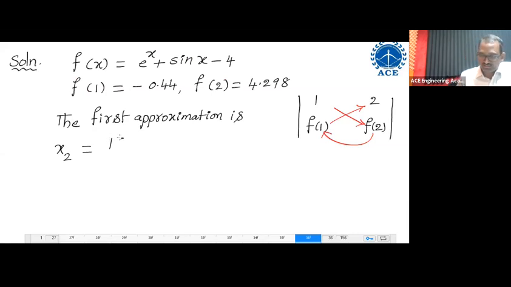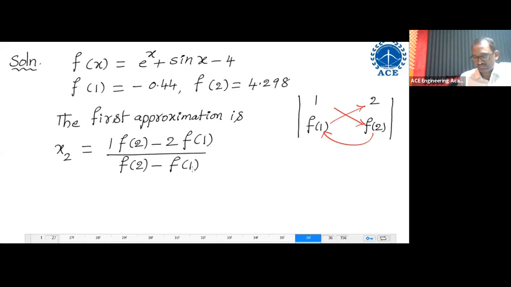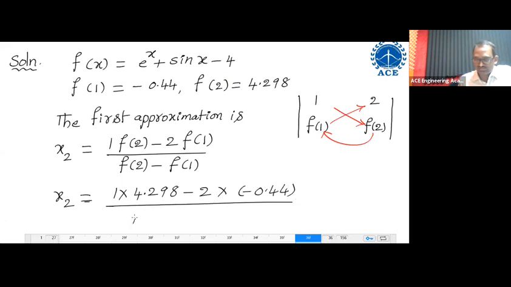That is 1 into 4.298 minus 2 into minus 0.44, by 4.298 minus minus 0.44.